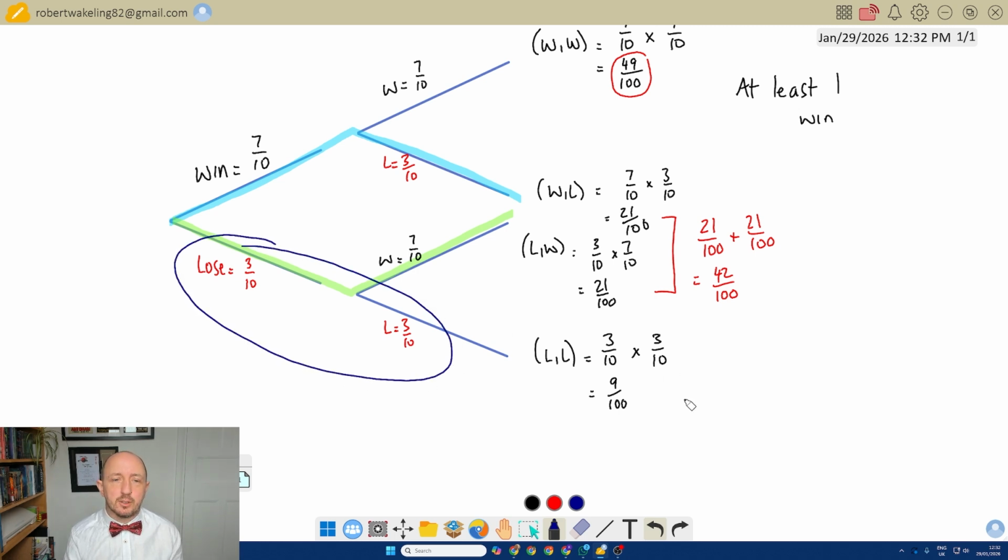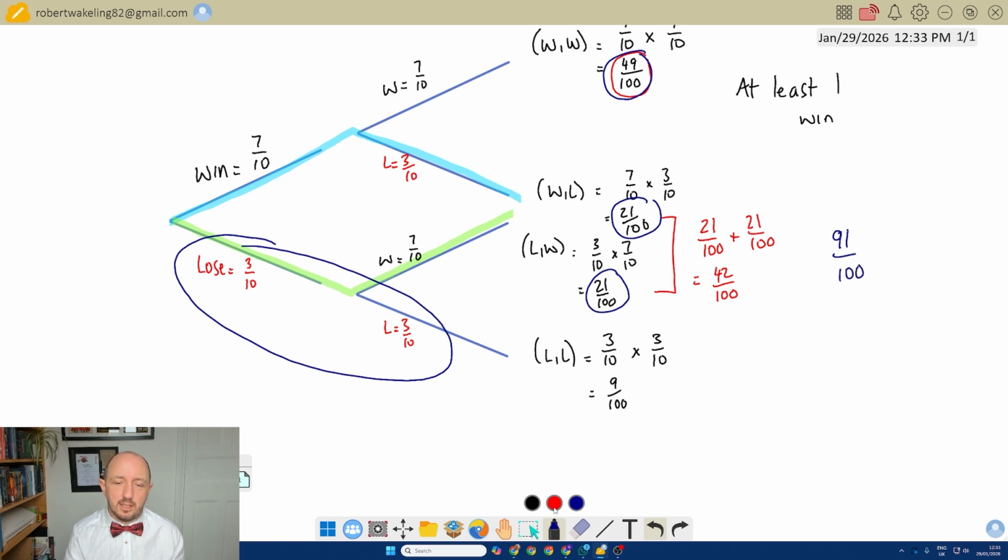Okay, so to be more efficient, we could just calculate the 1 branch that we don't want and take that away from 1, because we know that all probabilities have to add up to 1. So 21 over 100, 21 over 100 and 49 over 100, if I add those together, would be 91 over 100.